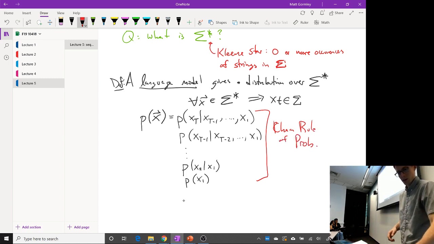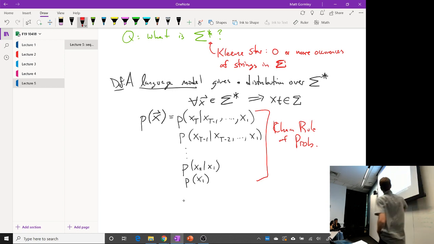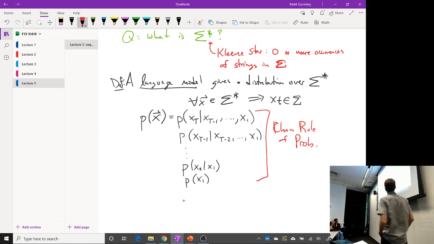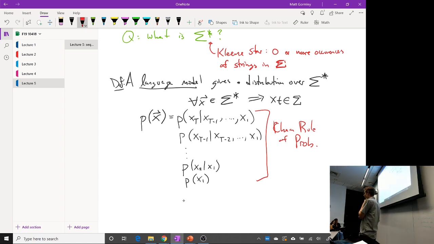And what it allows us to do is sort of decompose a language model into a probability of one word at a time. So already you should be looking at this and thinking to yourself, this seems to harken back to scoring functions that we had been talking about in learning to search.